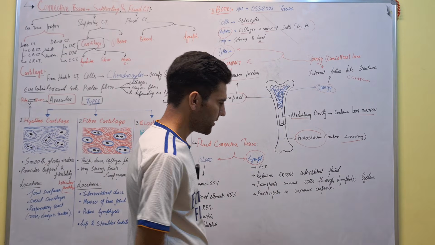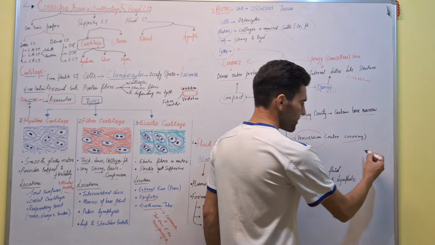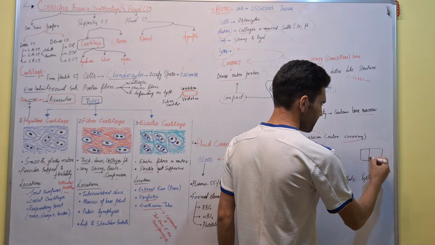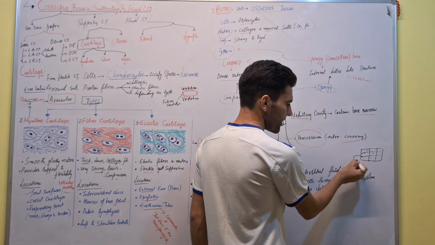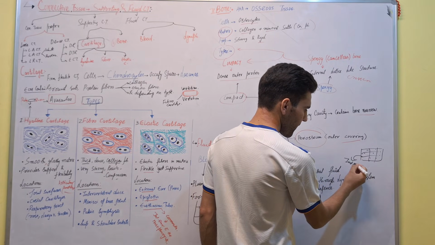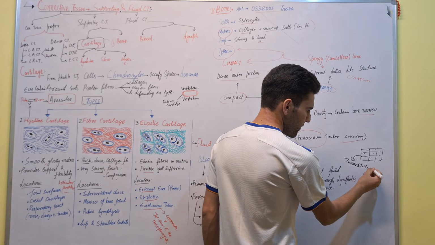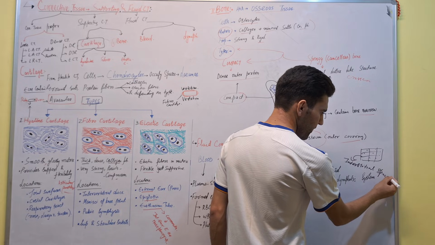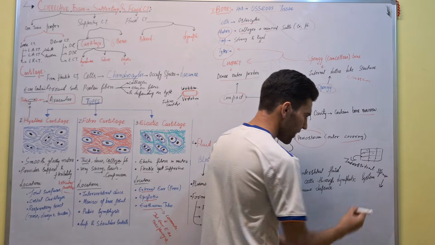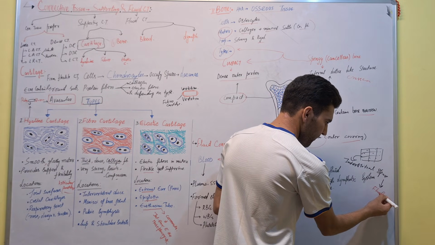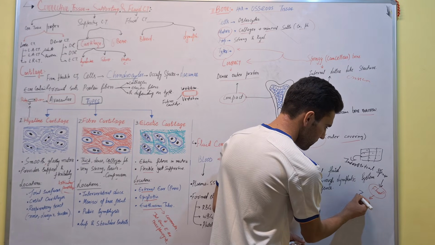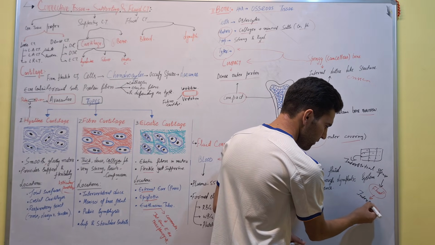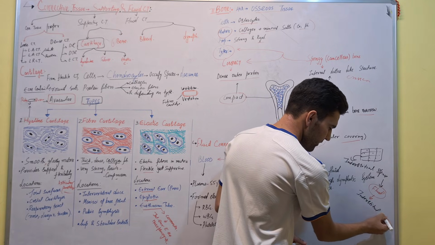So what actually is lymph? For example, this is the tissue and these are the cells of the tissue, and in between the cells we have interstitial space, and in this interstitial space we have a fluid present, and this fluid is known as interstitial fluid.